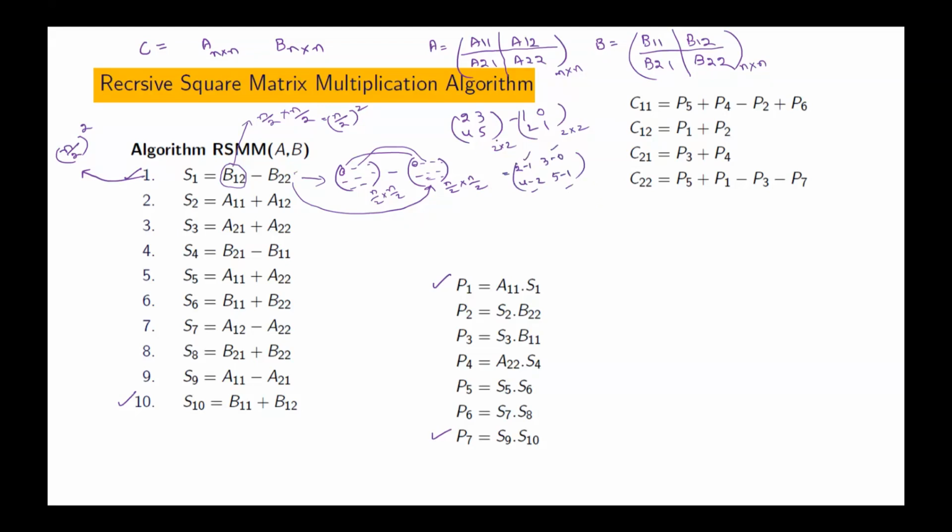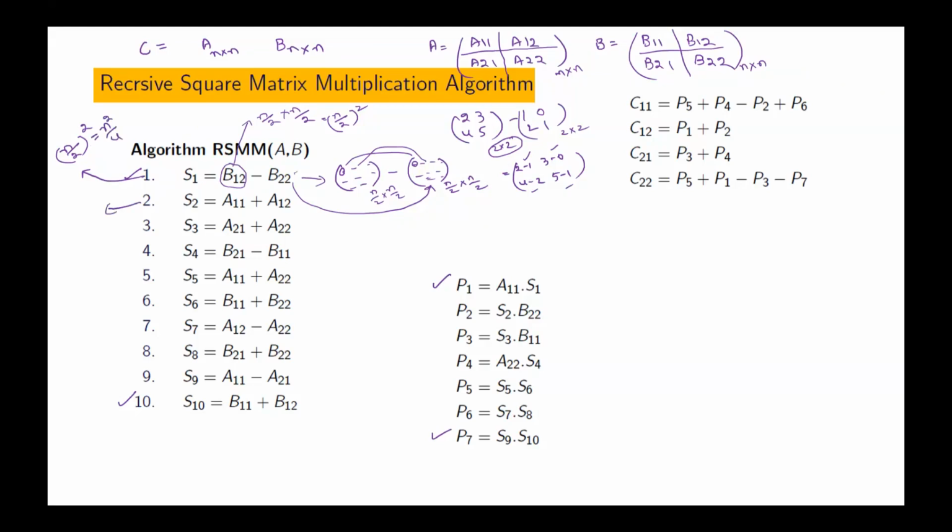What is 4 here? 2 into 2. Similarly, how many operations do we perform in this case to calculate S1? N by 2 into n by 2, n square by 4. Similarly, S2.